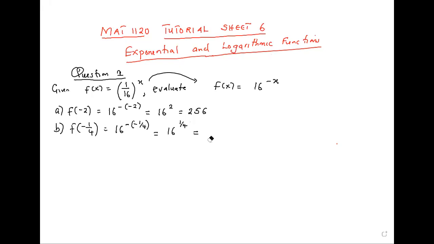You can write this as the square root of the square root of 16. That's what it means to be the fourth root. The square root of 16 is 4, and then its square root is 2.